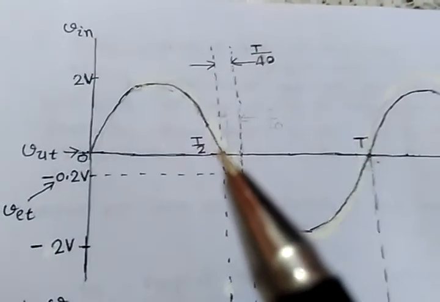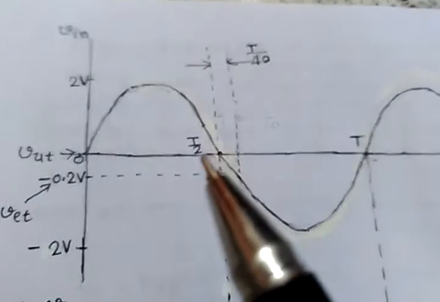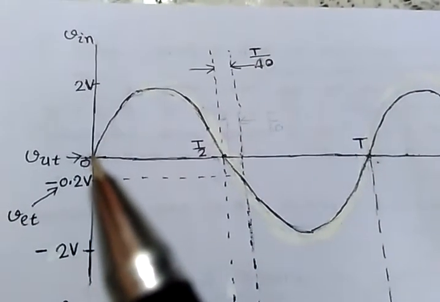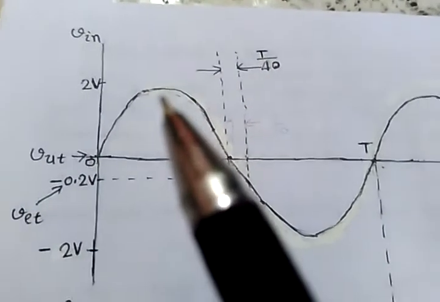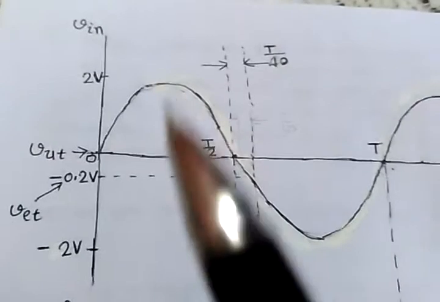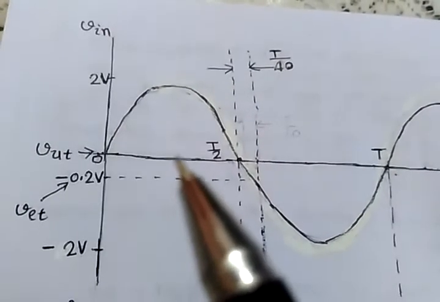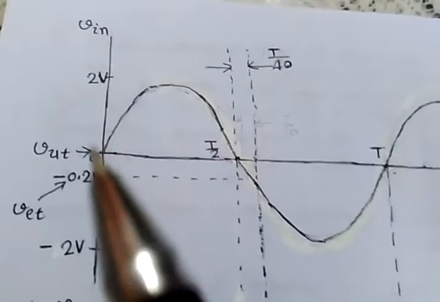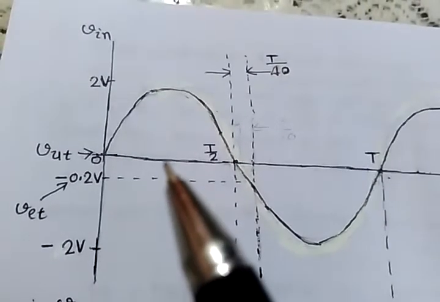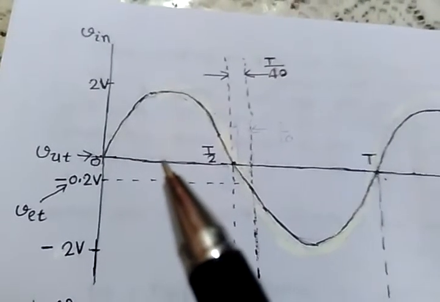In this way, it takes T by 2 time. So the time taken by the signal to change from 0 to 2 volt only will be T by 4 seconds. To change from 0 to 2 volt, the signal will take time T by 4 at this point.